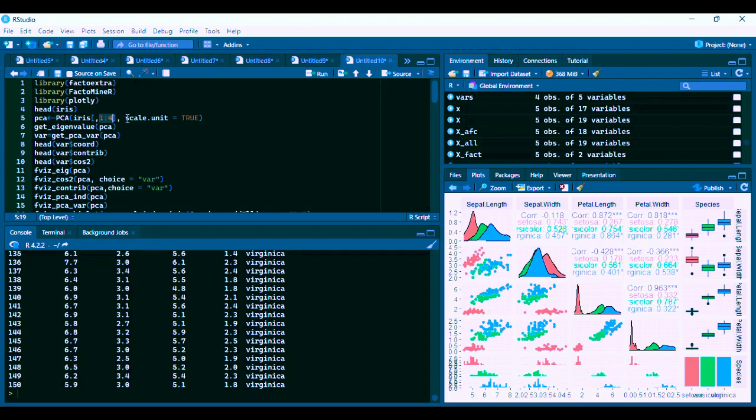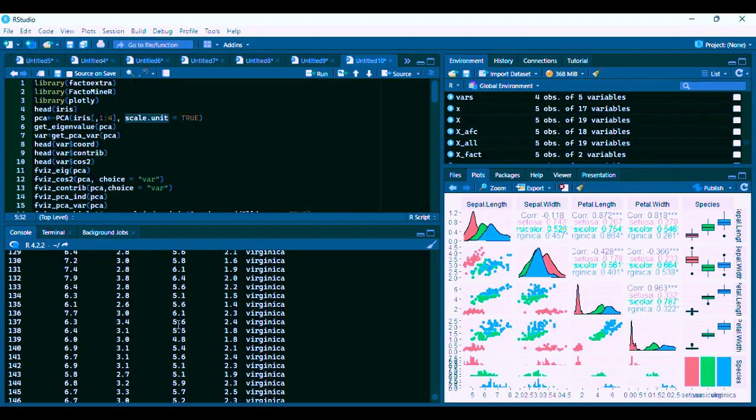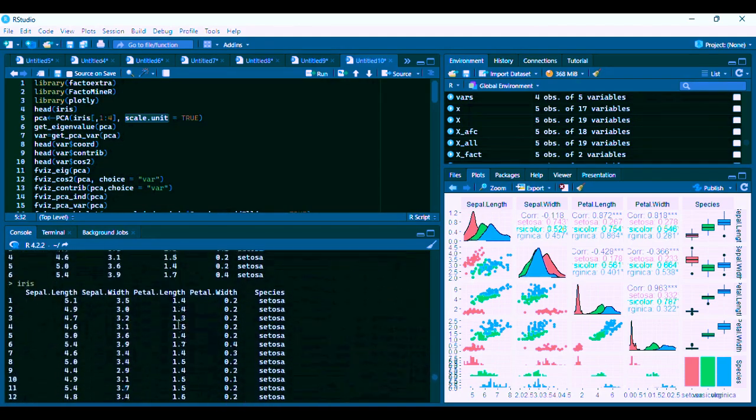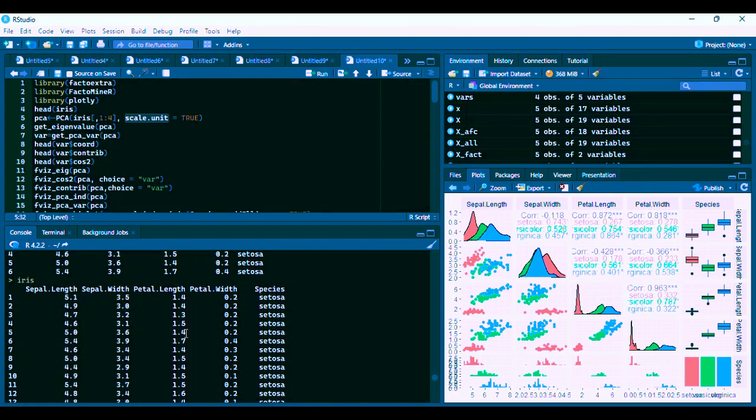PCA is only used when we have continuous variables. And why is this argument added? Because we need to standardize. It's very important. Here scale.unit ensures that all variables are standardized, meaning they contribute equally regardless of their original units or scales.